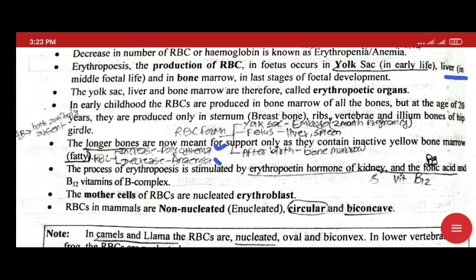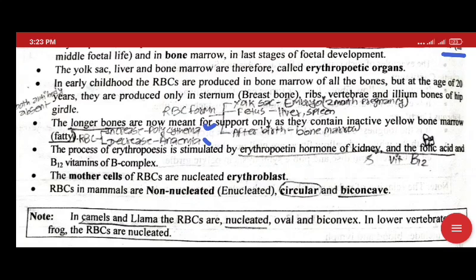For the production of RBC, the most important hormone is erythropoietin, present in the kidney, and it needs vitamin B12 and B9. B9 is called folic acid and B12 is called cobalamin.